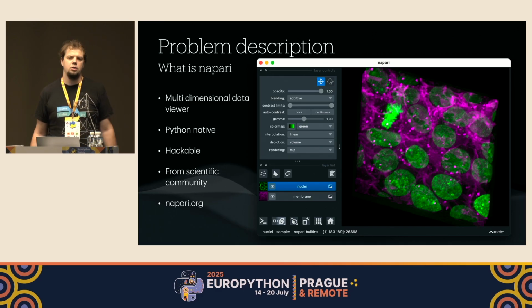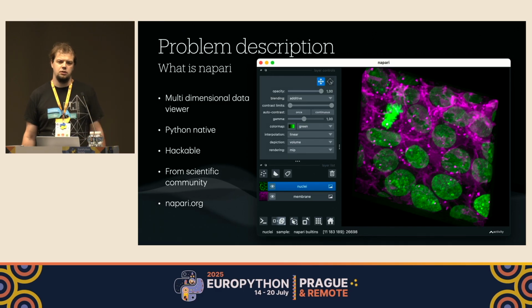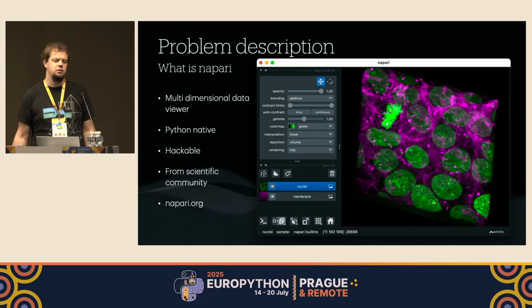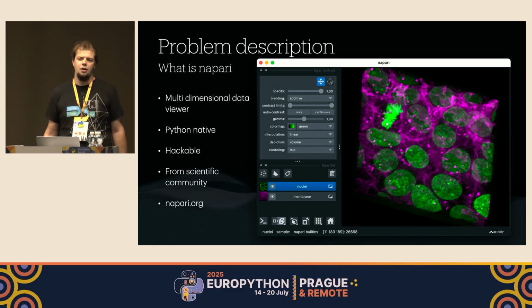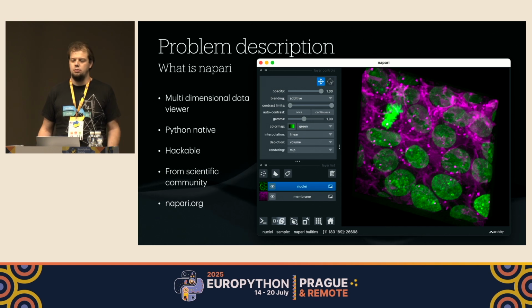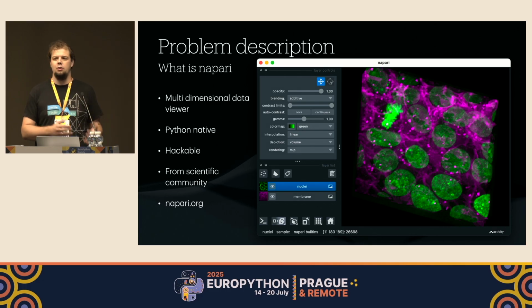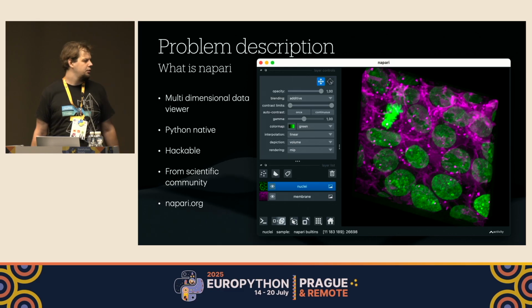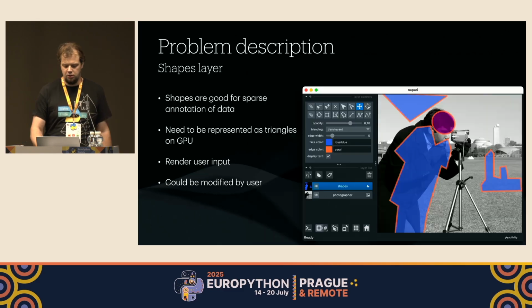Most of the people working on it are still active scientists, which has pros and cons. There are many things available, but many of them are implemented in a non-optimal way, because they are optimal enough for an author who needs it for his research. And our website is napari.org.